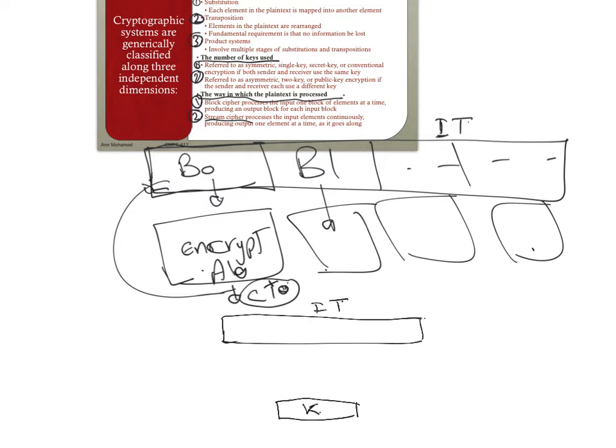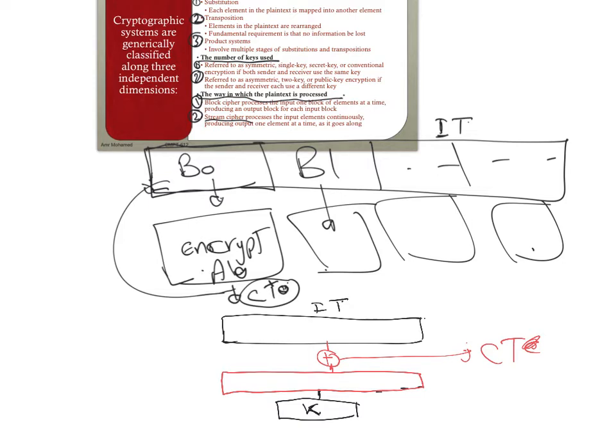From the key, the algorithm itself converts or transforms the key into another text, okay? And then all you need to do is a simple XOR to generate the ciphertext. And that can be done in one shot.